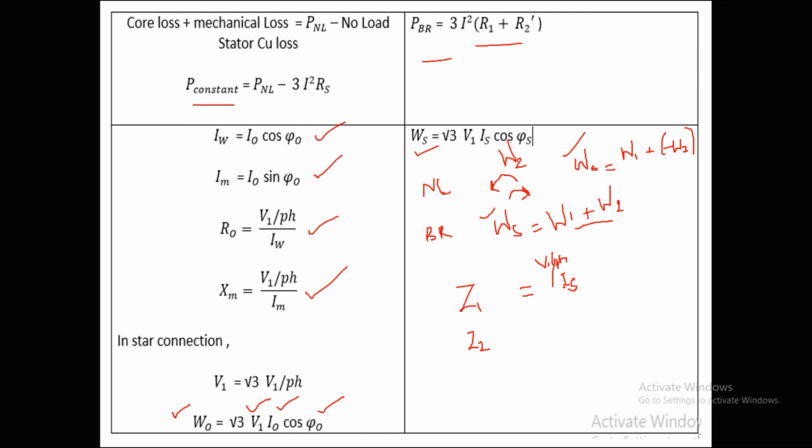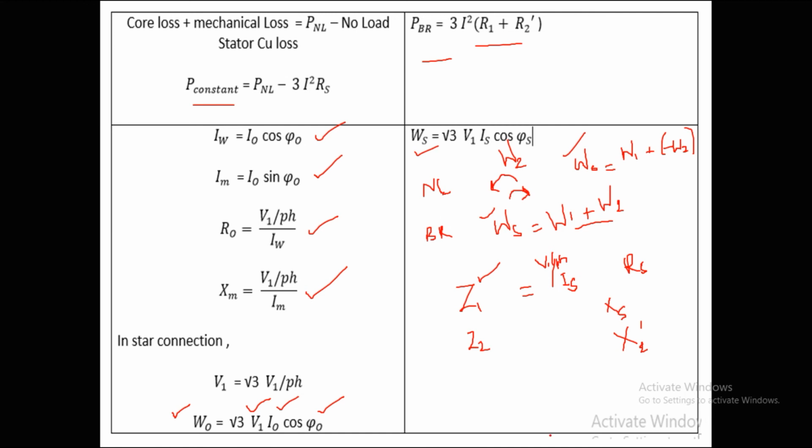With the help of this value we can get the impedance on the stator as well as on the rotor. With this impedance value and the known resistance of the stator, we can find the reactance on the stator, and next we can find the reactance on the rotor too, from the reactance and resistance values.